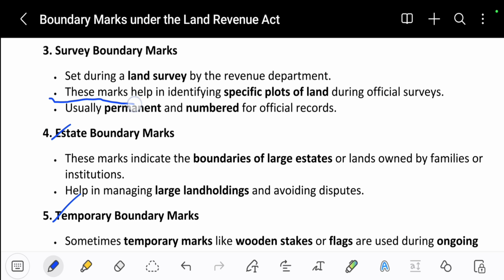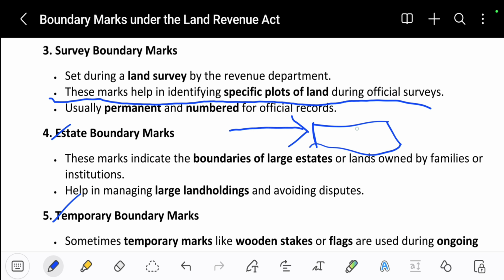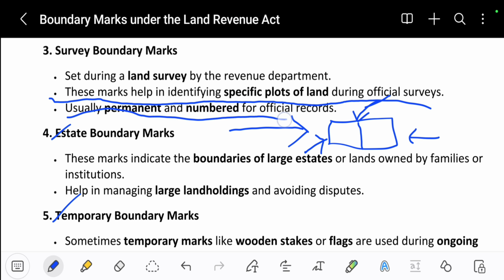The second point is that these marks help in identifying specific plots of land during official surveys. Obviously, when an officer inspects the land and finds that it is not divided into two, he will divide it into two in order to maintain the correct ownership of the land, usually with permanent or numbered marks for official records.